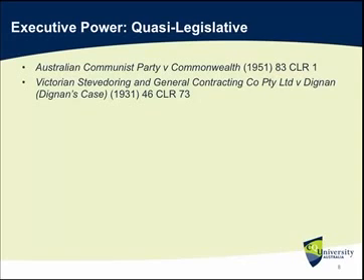What it also means is that the Australian Parliament cannot authorize the executive to pass subordinate legislation on an area of law or a head or a specific subject or a field of law that is not within the power of the Australian Parliament to legislate on.